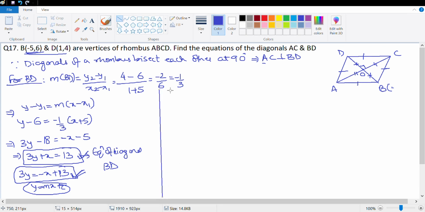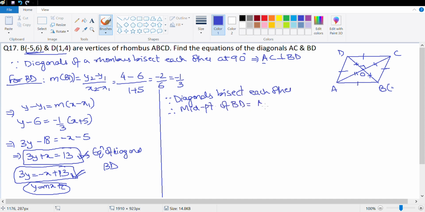Let's find the equation of AC as well. Since diagonals bisect each other, we've done a question like this earlier. Since diagonals bisect each other, therefore midpoint of BD is equal to midpoint of AC.